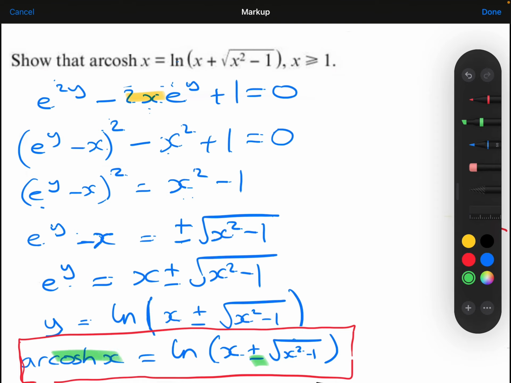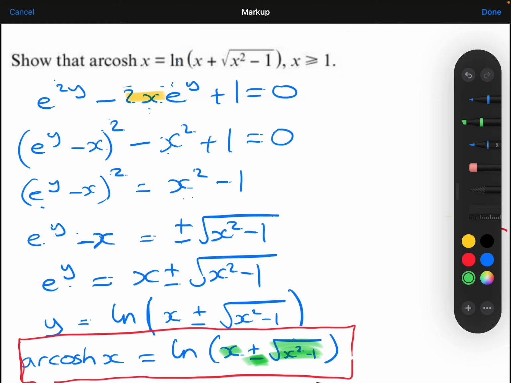is because r cosh is always positive. Remember the r cosh graph we saw earlier on was like this. It was always positive. And if I have this negative inside here, remember how I was saying that then I would have ln of x minus something that's a little bit less than x.